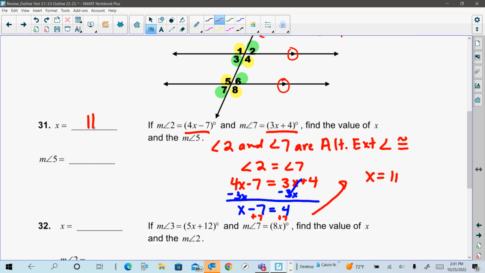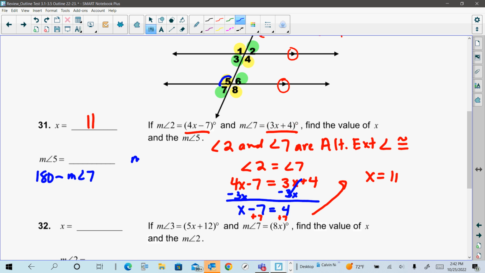Then they want us to find angle 5. Hopefully you see angle 5 has the same color. Oh no, it doesn't have the same color, sorry. So angle 5 and angle 7 are a linear pair, or angle 5 and angle 2 have different colors here. So anytime we have different colors, they're going to be supplementary. So to get angle 5, I would have to do 180 minus whatever the measure of angle 7 is.